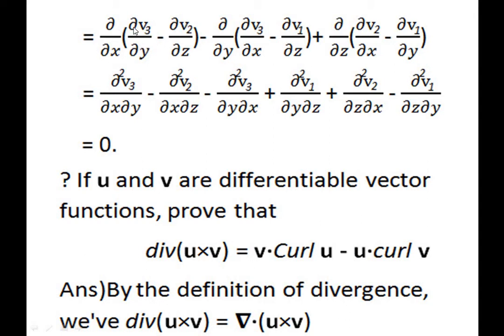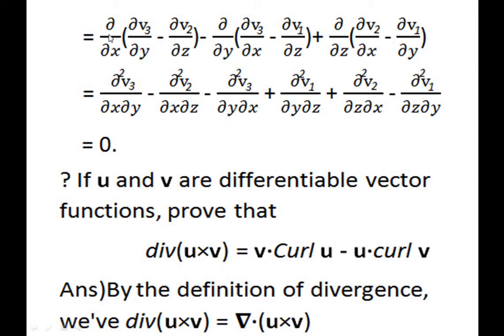Then we get dou by dou x of dou v3 by dou y minus dou v2 by dou z, minus dou by dou y of dou v3 by dou x minus dou v1 by dou z, plus dou by dou z of dou v2 by dou x minus dou v1 by dou y.